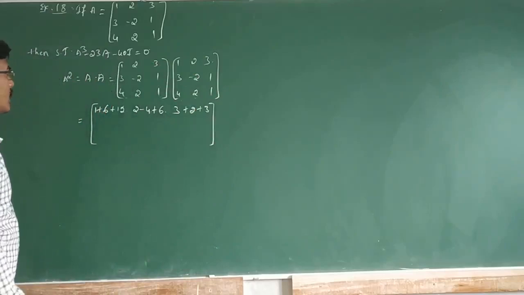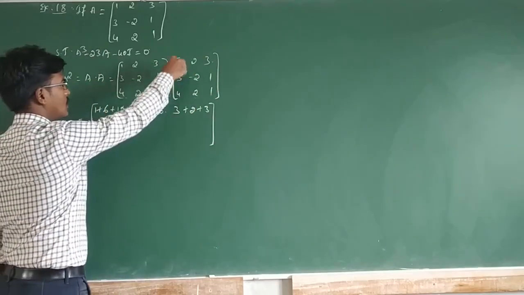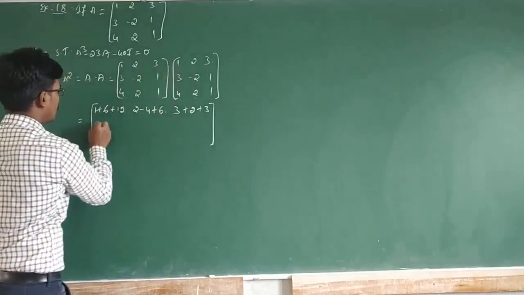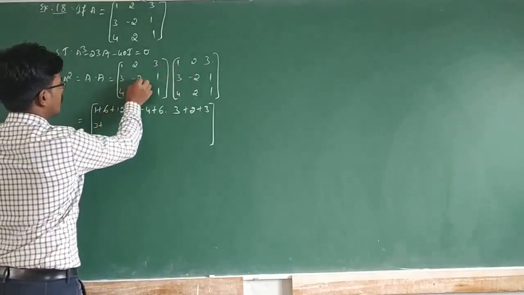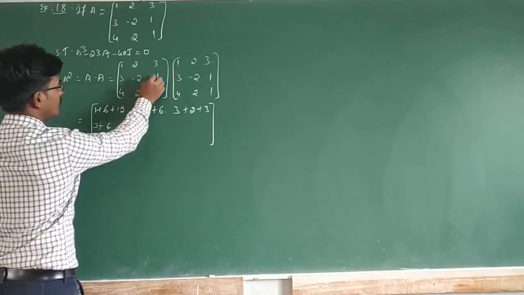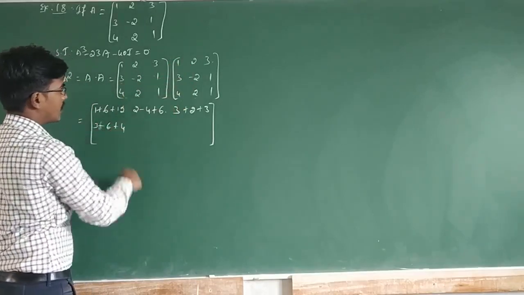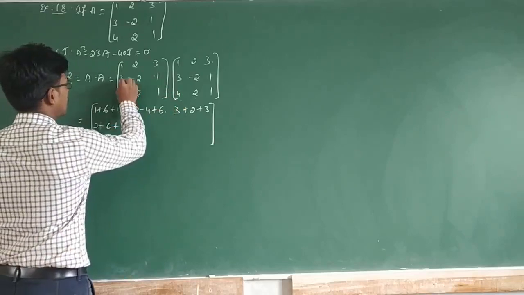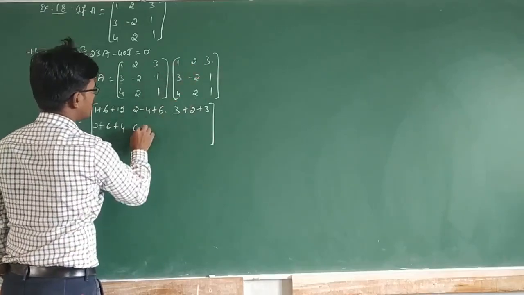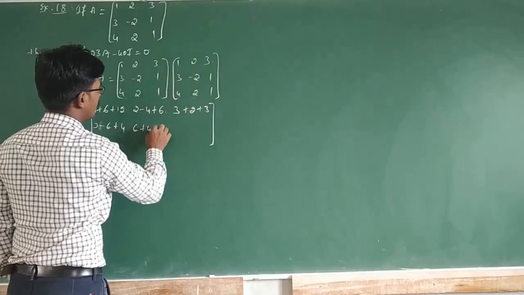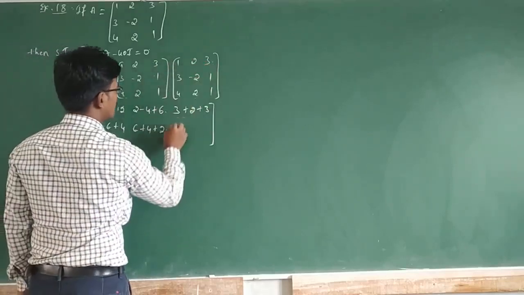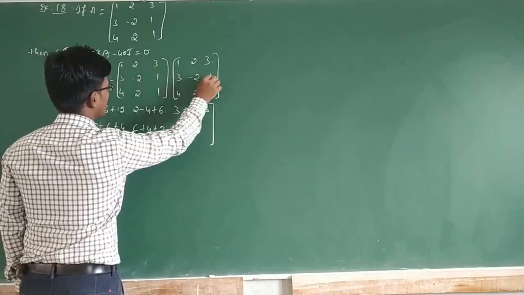Next second row, each column multiply, same procedure. 3 into 1 is 3 plus minus 2 into 3 is minus 6, 1 into 4 is 4, first column completed. Second column: 3 into 2 is 6, minus 2 into minus 2 is plus 4, 1 into 2 is 2. Next 3 into 3 is 9, minus 2 into 1 is minus 2, 1 into 1 is 1.